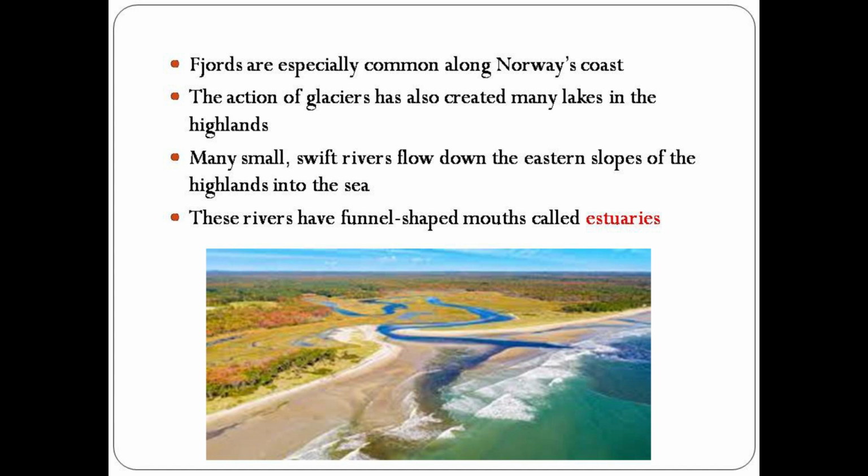The action of glaciers has also created many lakes in the highlands. Many small, swift rivers flow down the eastern slopes of the highlands into the sea. These rivers have funnel-shaped mouths called estuaries.